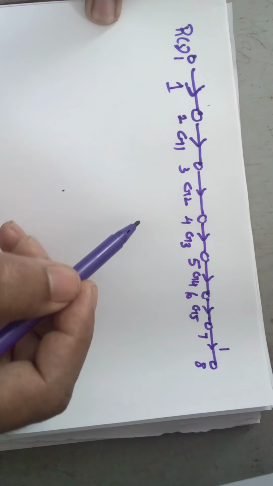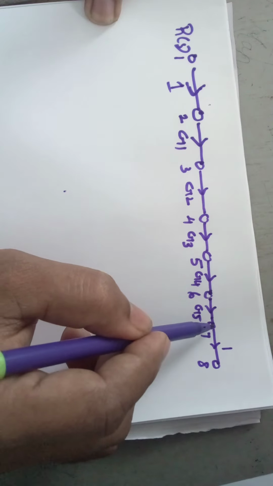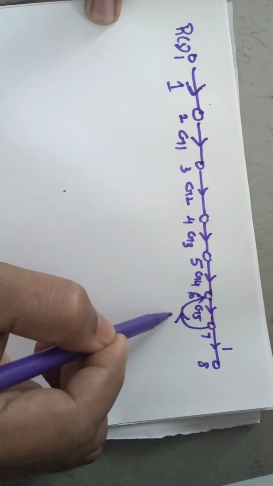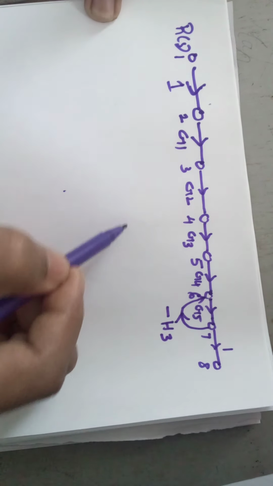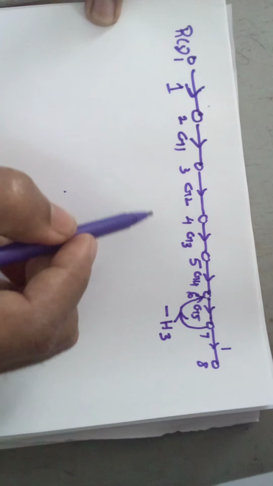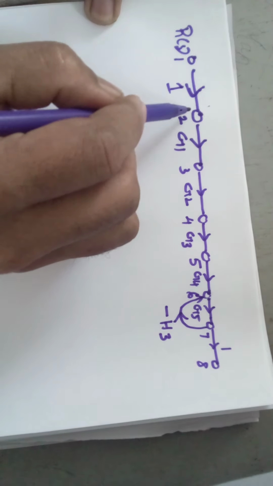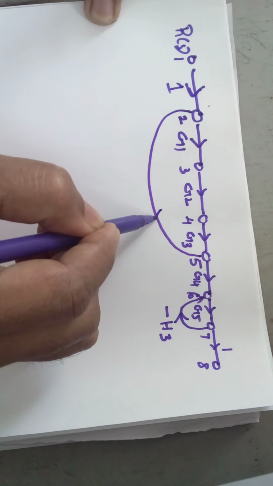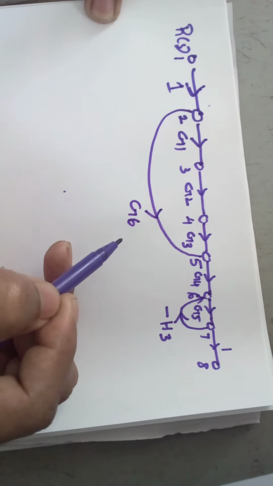Understood? Here some feedback loops are there. Let us see the feedback loops. Here this one is a feedback loop with a gain of minus H3, and from node 5 to node 2 you have a path with a gain of G6.